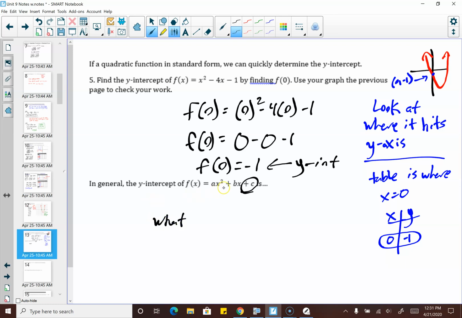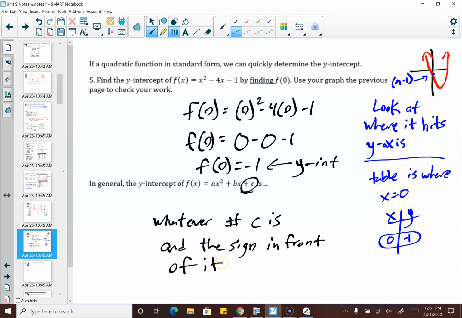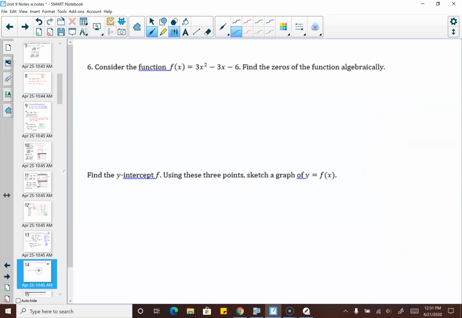So, in general, the y-intercept of f of x equals ax squared plus bx plus c is whatever number c is and the sign in front of it. So you really don't even have to plug in the 0 or look at the graph or look at the table. If you just remember that rule, you'll know what your y-intercept is.